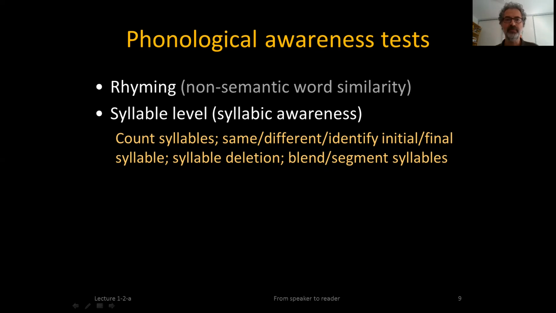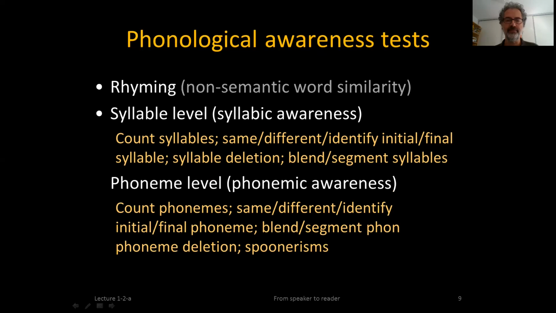Awareness at the syllable level is much easier than awareness at the phoneme level and is acquired earlier. So children can do syllabic awareness tasks successfully well before they can do phonemic awareness tasks.